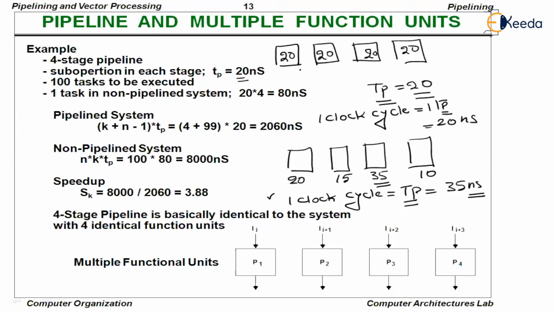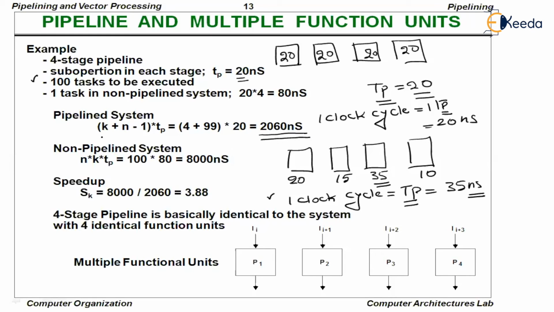Now in our case, Tp is equal to 20 nanoseconds. The total number of tasks is equal to 100. So in a pipeline system, (k + n - 1) into Tp, where k is equal to 4, n - 1 is equal to 99, and Tp is equal to 20 nanoseconds.